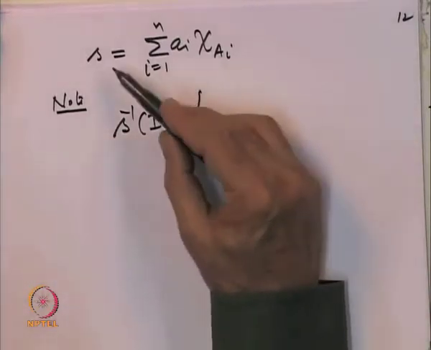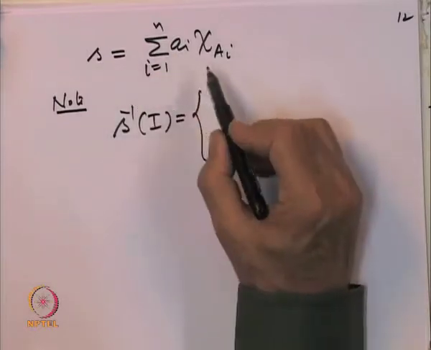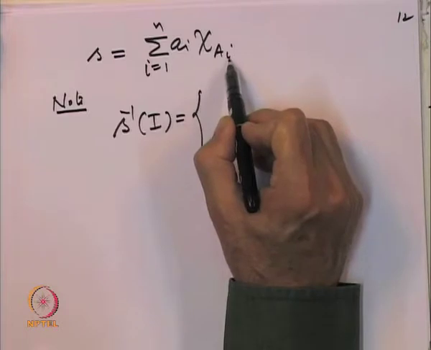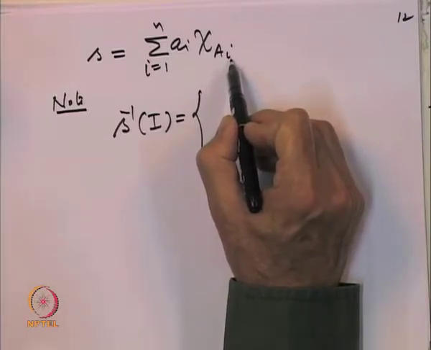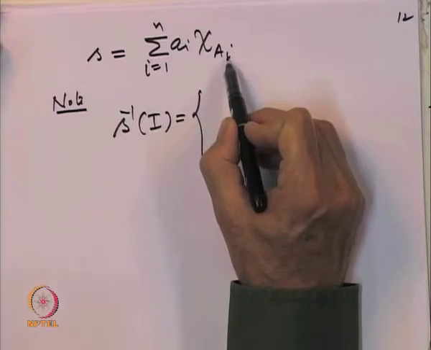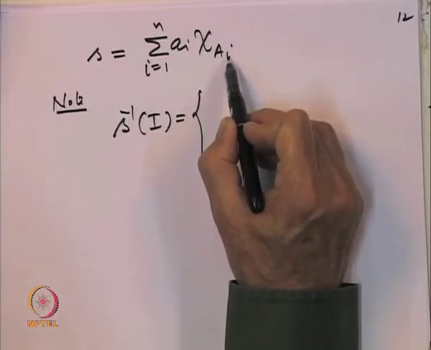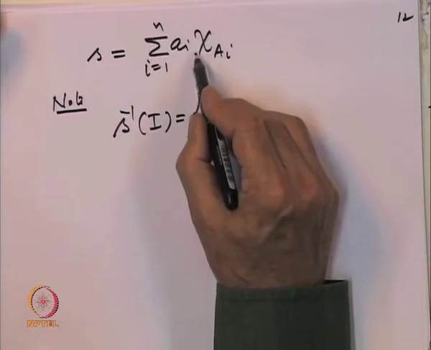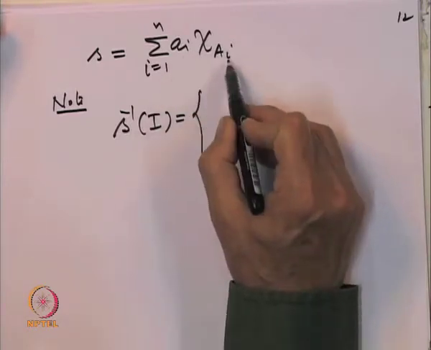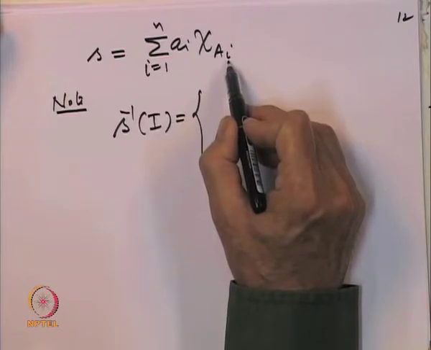What is that going to be? The function s takes values small a_i on the set capital A_i. This is the main thing to be observed: a finite linear combination of indicator functions is a function which takes only a finite number of values, namely a_1, a_2, ..., a_n, and the value small a_i is taken on the set capital A_i.